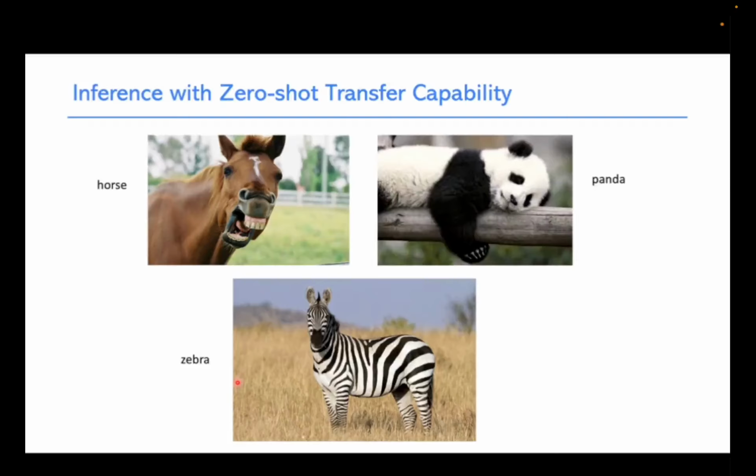That is the traditional image classification model and system. The zero-shot transfer capability means if I tell you the information about the horse and the panda, even though you have never seen a zebra in the training dataset, you should still be able to predict whether an image is a zebra or not. That is zero-shot transfer capability.